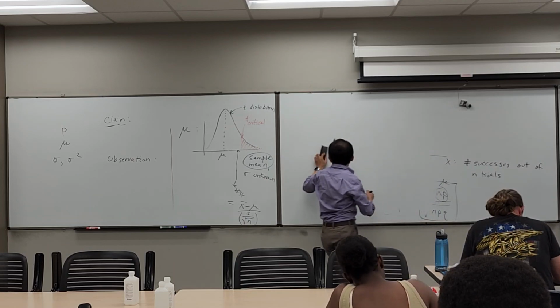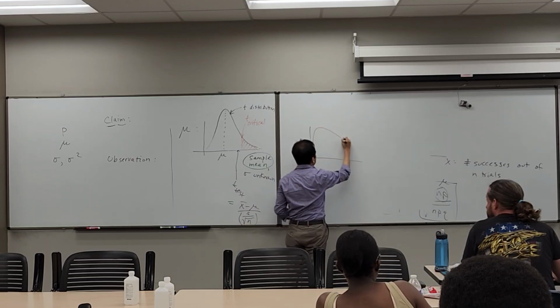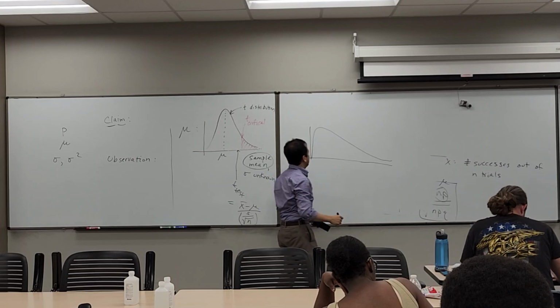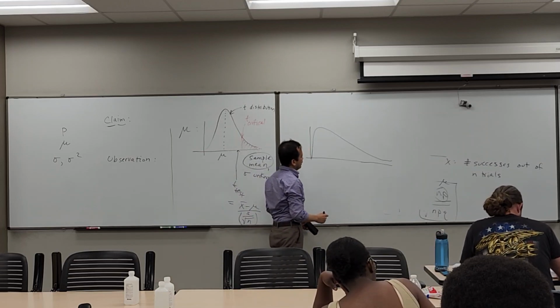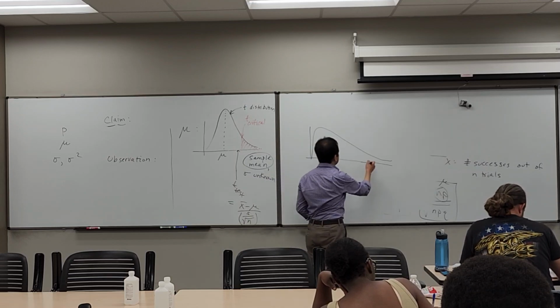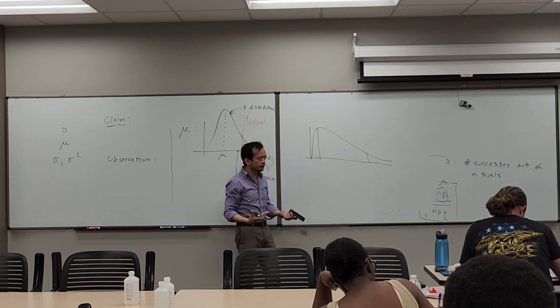And recall that the underlying chi-square distribution looked like this. And then, every distribution has a body and tails.